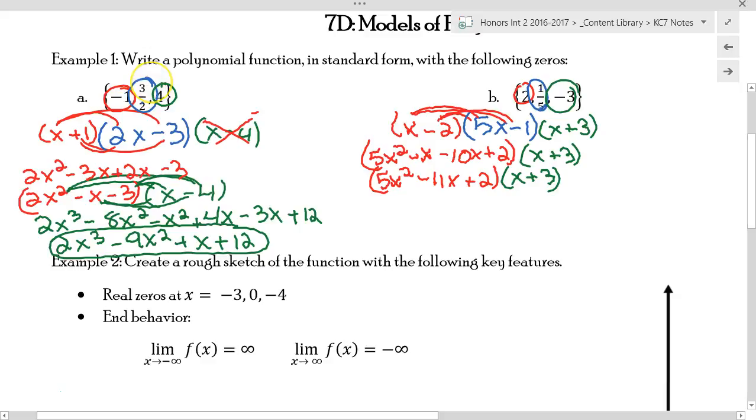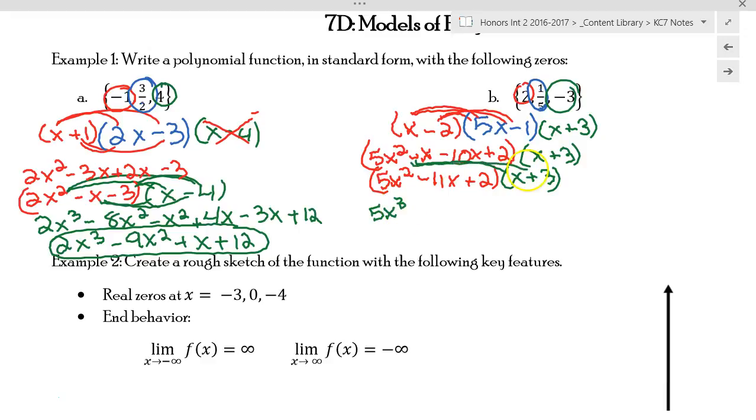Now distributing again. 5x squared times x is 5x cubed. 5x squared times 3 is plus 15x squared. Moving to my next term, -11x times x is minus 11x squared. -11x times 3 is minus 33x. 2 times x is plus 2x. And 2 times 3 is plus 6.